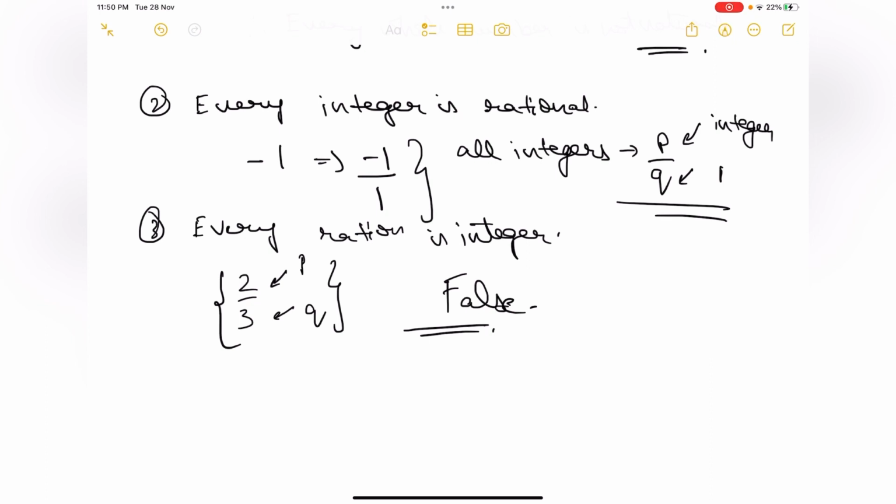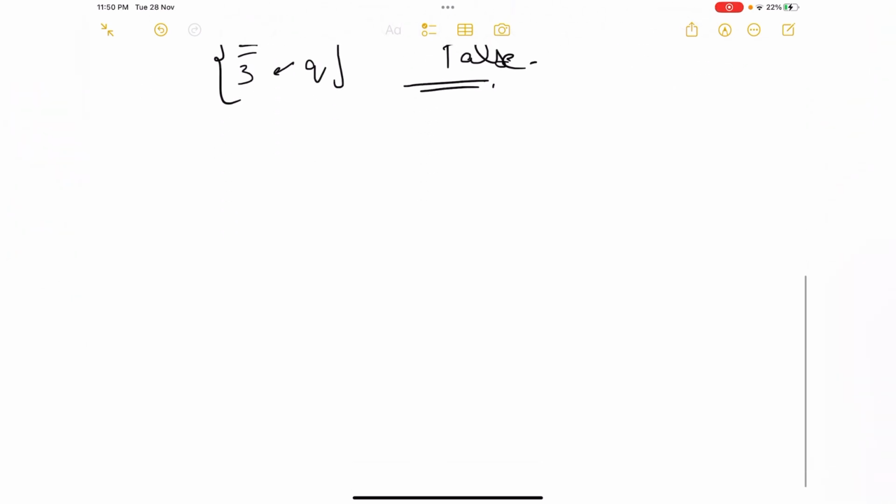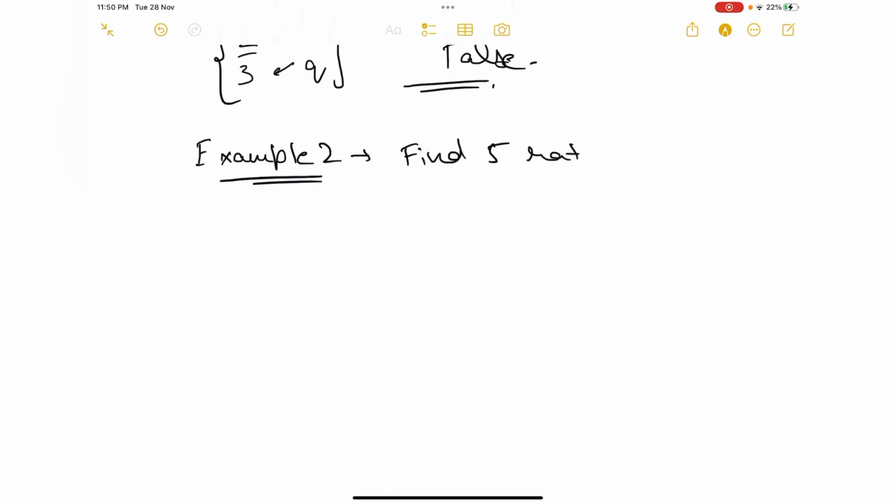I hope you understood this particular example. Now, moving on, let's go into example 2. What is example 2 saying? Example 2 says: find 5 rational numbers between 1 and 2.